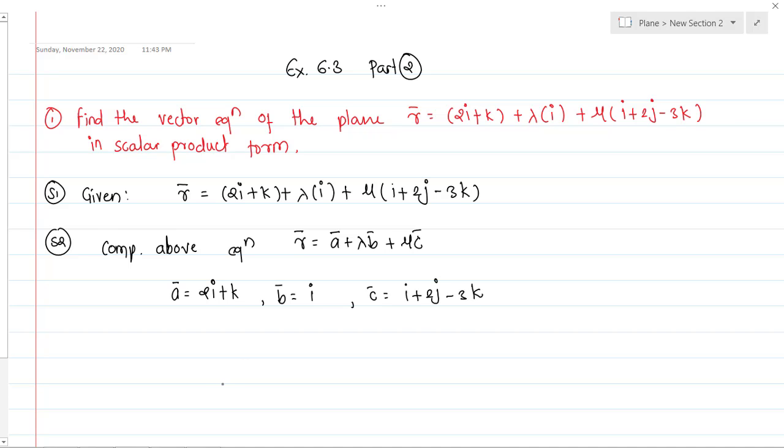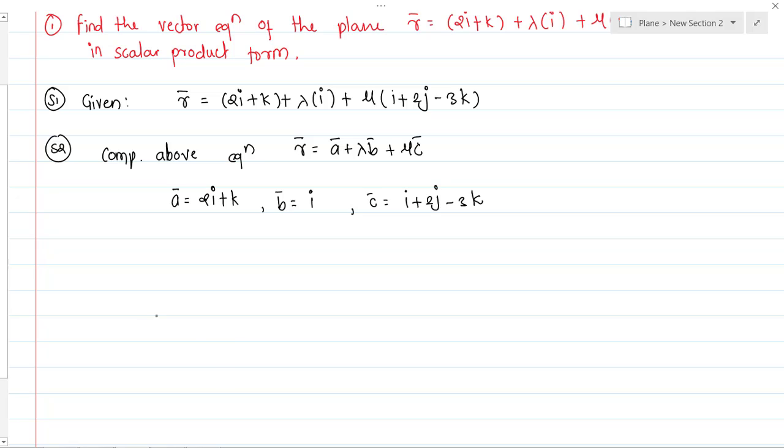Now what is the equation of the plane? This equation indicates that your plane is passing through the point with position vector a bar, and it has the two vectors b bar and c bar lying on it. Suppose this is b bar and this is c bar, and there is one point a.